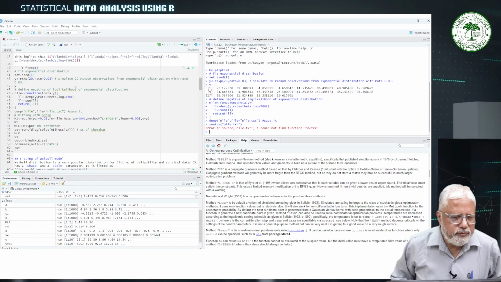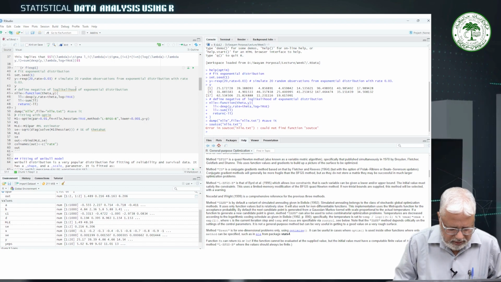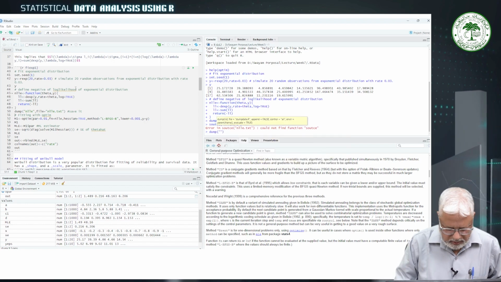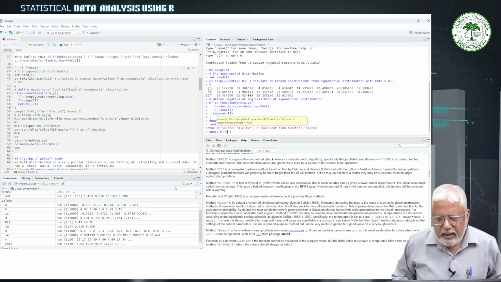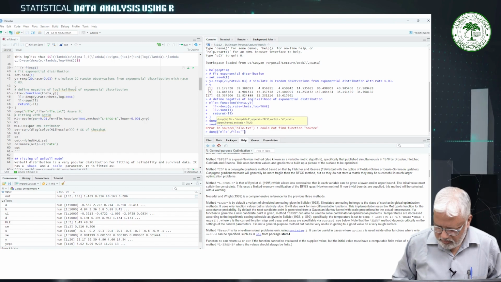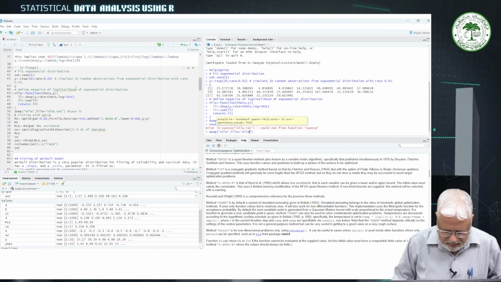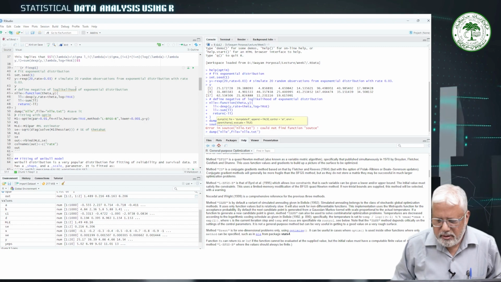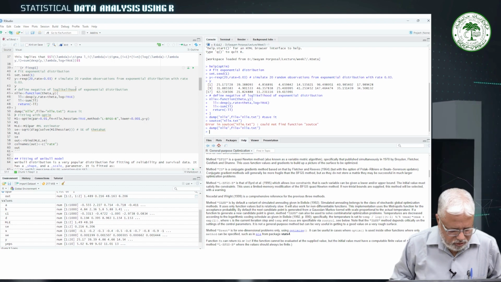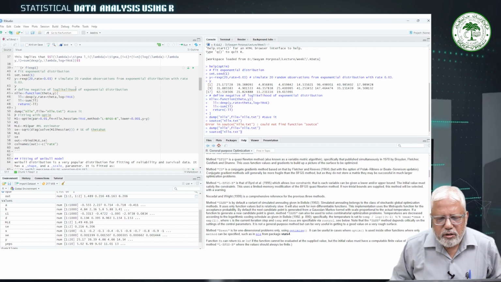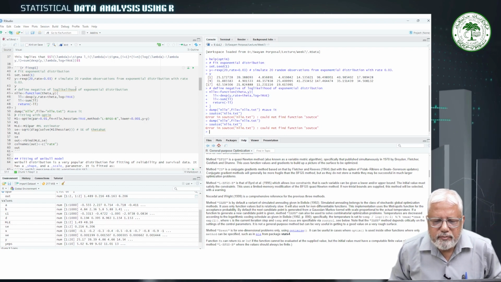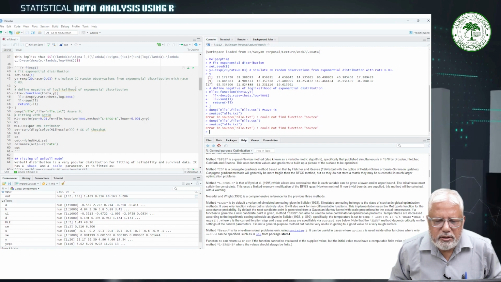Oh, we have not dumped this. First we have to dump nlle, and the file name is equal to nlle.txt. So we have dumped this. Now we can source it.